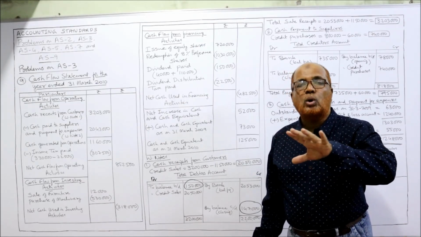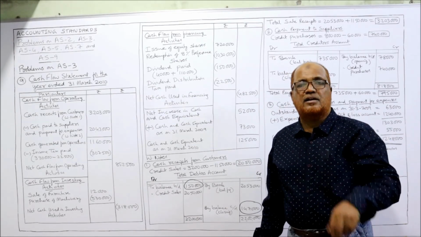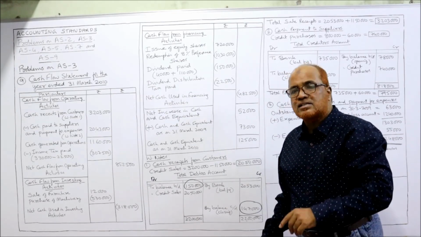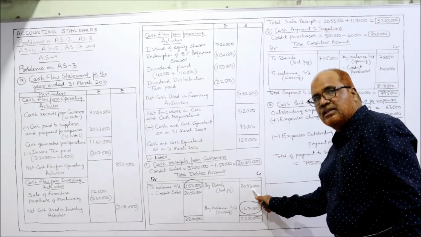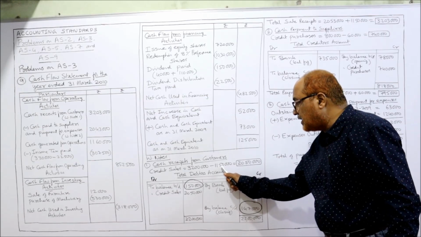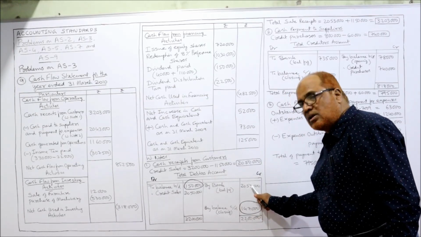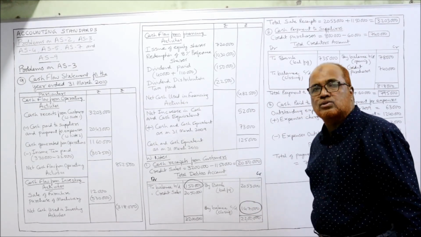Now we need the total receipts from customers, cash customers plus credit customers. From credit customers, we have received 20,53,000, and cash sales are 11,50,000. So we add up 20,53,000 plus 11,50,000.